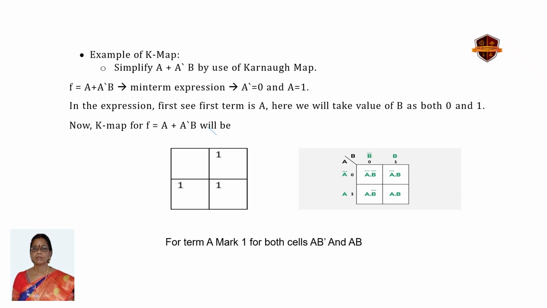So for A bar B, mark the 1 on one side, and for A, the term you have to take for both B as 0 and B as 1, and hence A B bar and A B are marked as 1. So for the term A, mark 1 for both cells A B bar and A B.